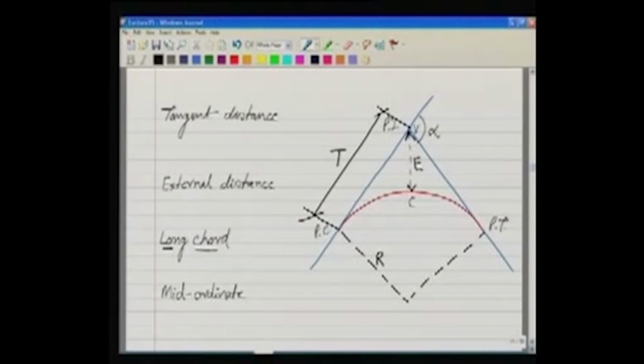I will show it in red color here. If you join point of curve and point of tangent, this is the chord on the curve, called long chord, and we show it by capital L. Then mid ordinate, we will need all these in setting out the curve. This is why we need to discuss this. This is M. M is mid ordinate.